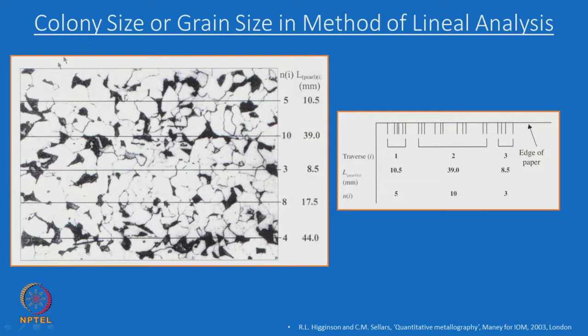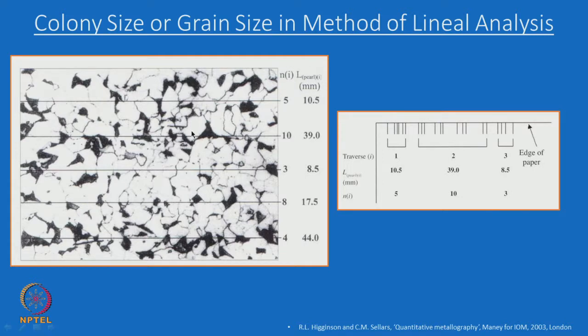You can use the linear analysis to calculate the colony size or grain size of the ferrite phase, or the colony size, that means the pearlite phase, and you can have the micrograph like this and then take the traverse line like this. And here please understand, we are interested in measuring the linear intercept, that is L.